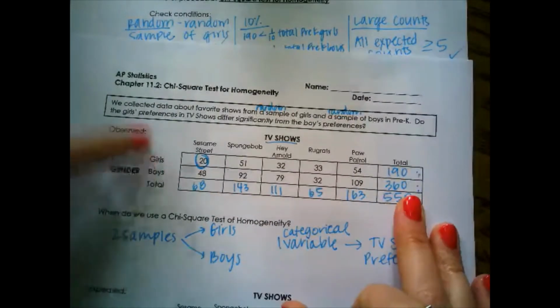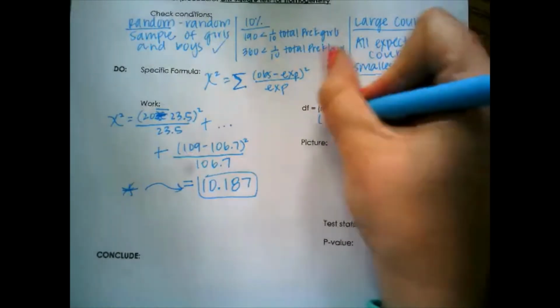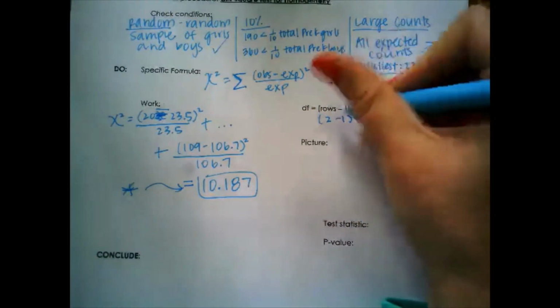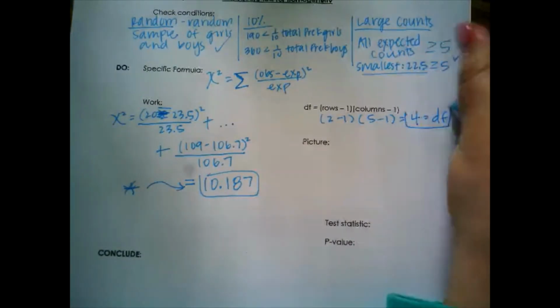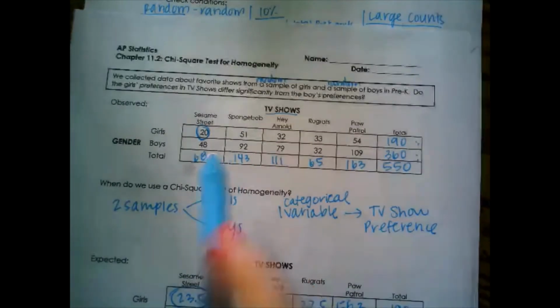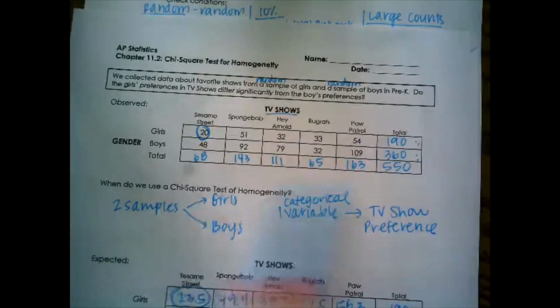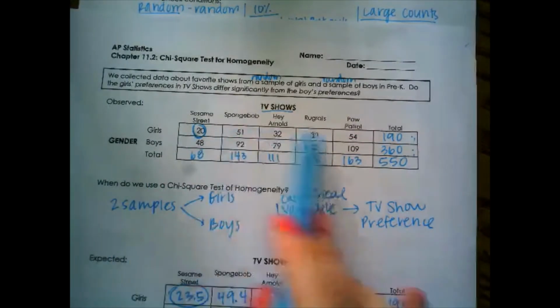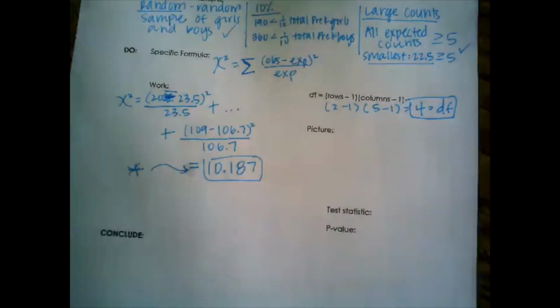We had 2 rows, and then we have 5 columns. So 2 minus 1 times 5 minus 1. 1 times 4 is just 4. These are our degrees of freedom, which makes sense because if you were given 4 of these and the totals, then you could find all the rest. So you need at least 4 numbers to be able to find the rest of the numbers, okay?